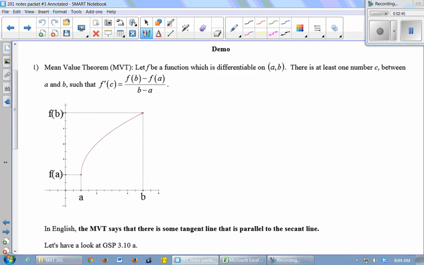Okay, so f prime of c. The derivative represents the slope of the tangent line. So this is the slope of a tangent line at some point c in between a and b. F of b minus f of a over b minus a, what does that represent?